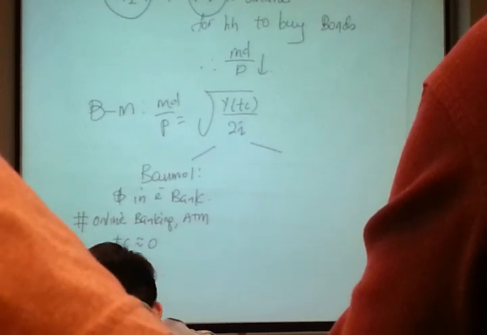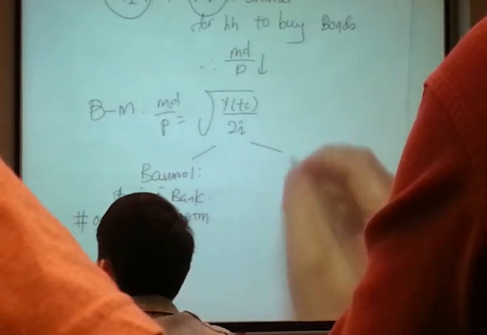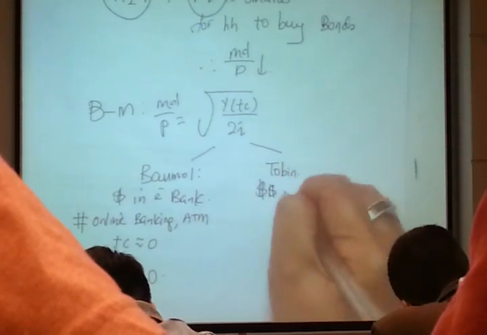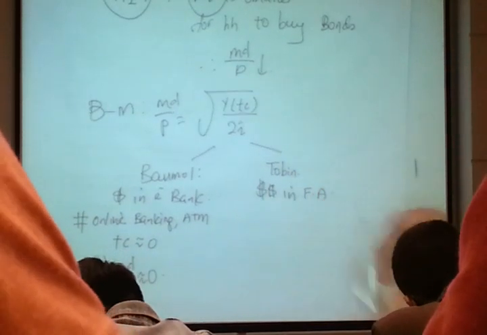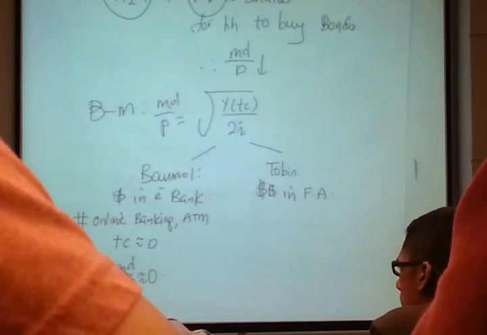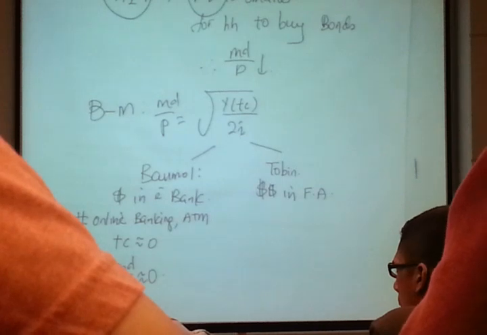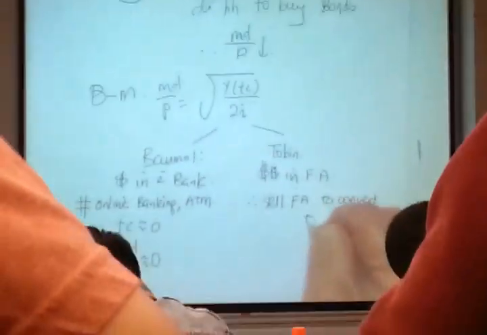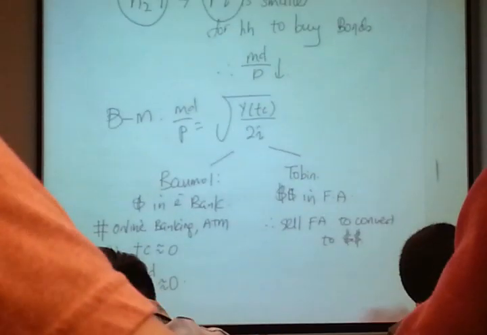So that is Baumol's model. Then under Tobin, focus is money is in financial assets. Instead of putting money in the bank, you put money as financial assets. Then you're thinking whether you need to sell them away. Therefore, you need to sell FA to convert to money. This is Tobin's model.